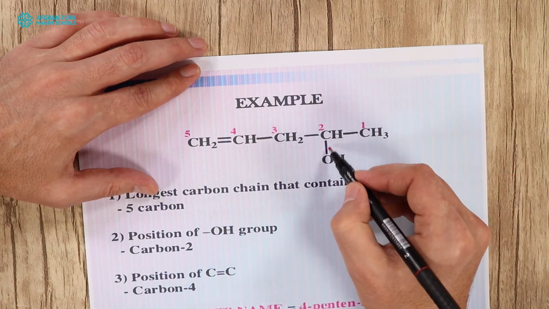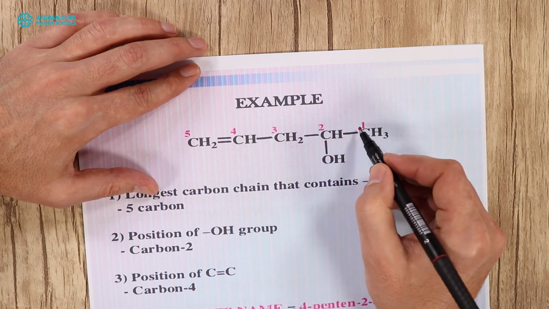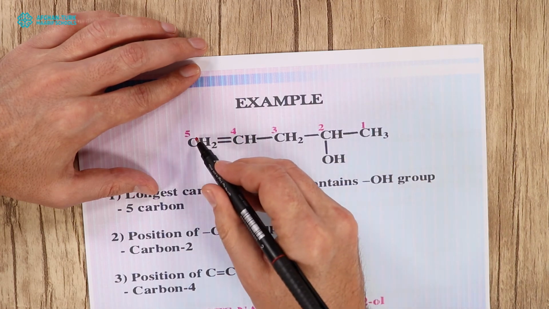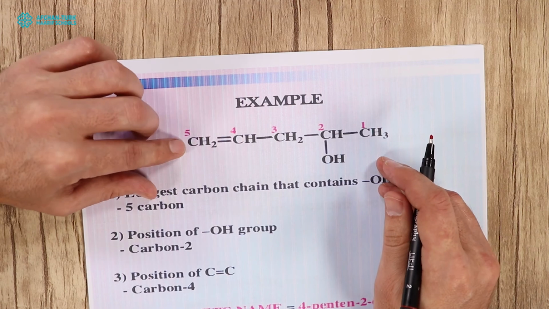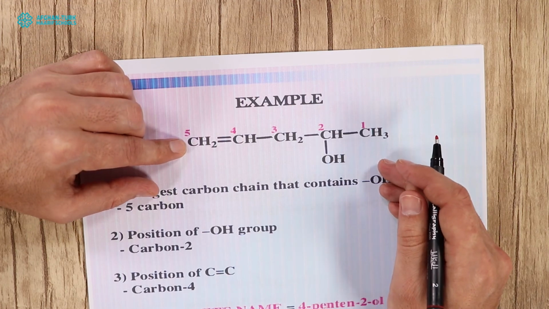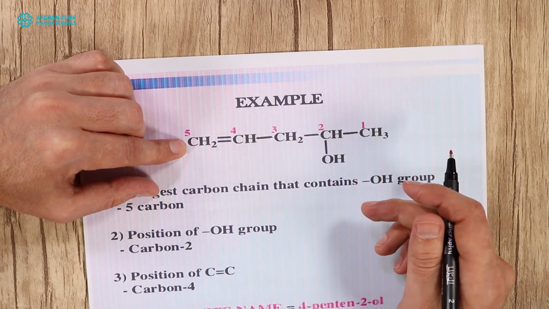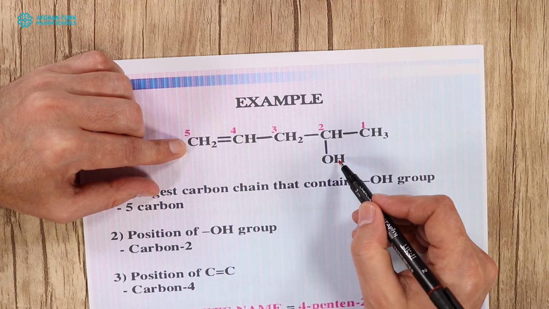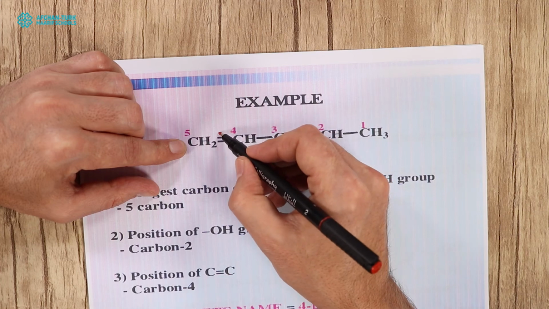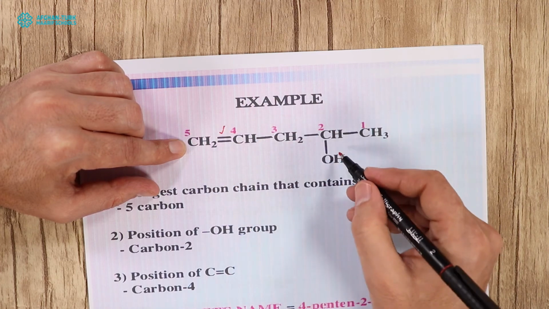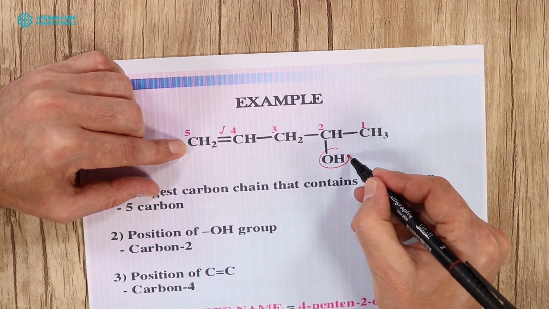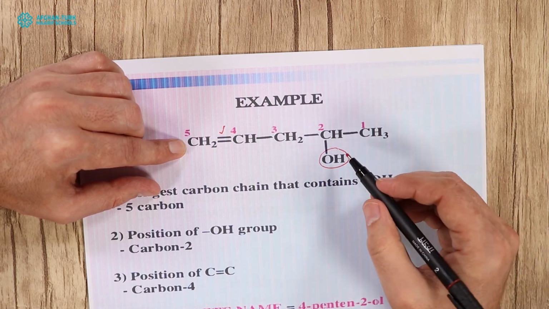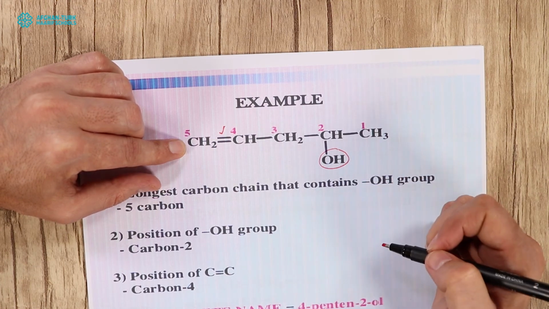So you can see the OH group is attached on the second carbon here, so 1, 2, 3, 4, 5 carbons are here. So if you have 5 carbons here, it means that totally it becomes which type? The double bond is also here, but OH is also here. This is a functional group of the alkenes family, and this is the functional group of alcohols. So preference is here that you will give the preference to the alcohol family.